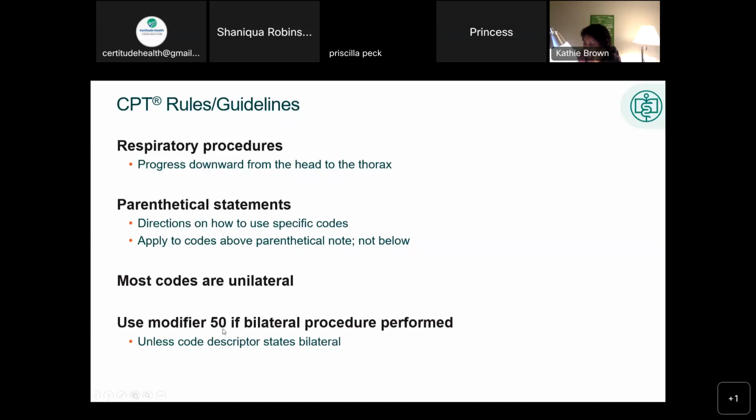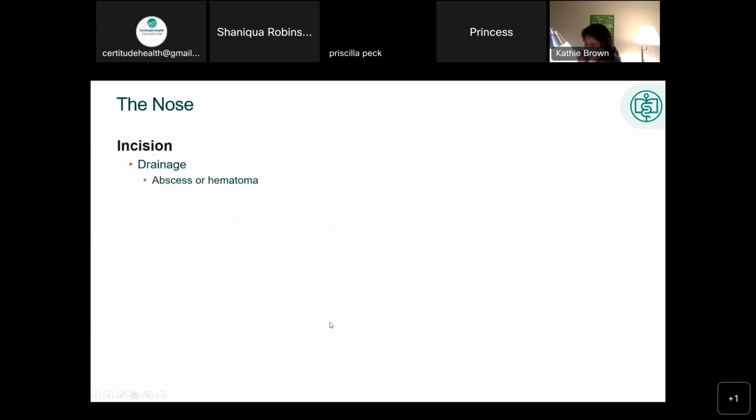So you would have to identify the LT modifier for left, the RT for right, or the modifier 50 for bilateral. Let's take a look at your CPT book now.